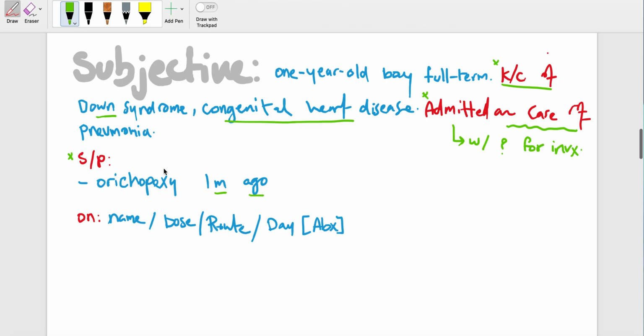So you write the procedure or operation, when, and if you know the place or hospital, you can write it here. Then the last common word in the subjective is on, which is the medications. We mentioned you write name, dose, route of administration, and day in case of antibiotic. This is our subjective.